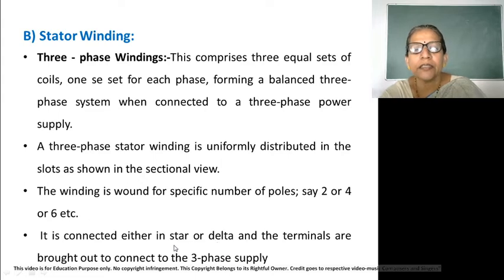If you are connecting in star, you may have either 3 terminals for output or 4 terminals, and if you are using delta connection, they will be having 3 output terminals whose phase numbers will be given as R phase, Y phase and B phase. So these terminals are brought out to connect to the 3-phase AC supply. So that is the 3-phase winding which is provided on the stator core. Winding is a distributed type of winding which is going to produce a rotating magnetic flux.